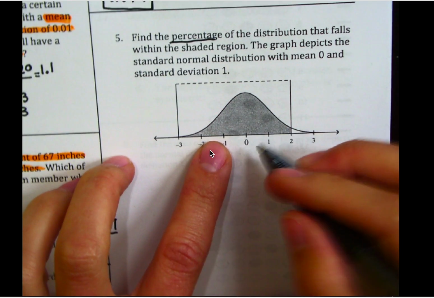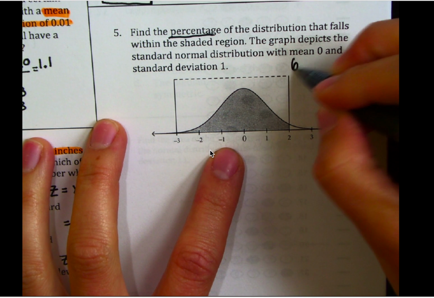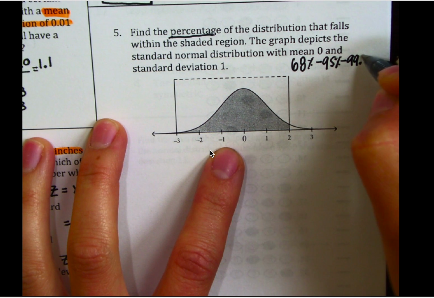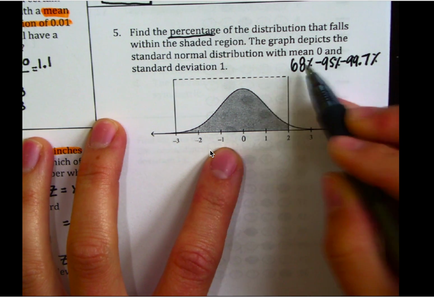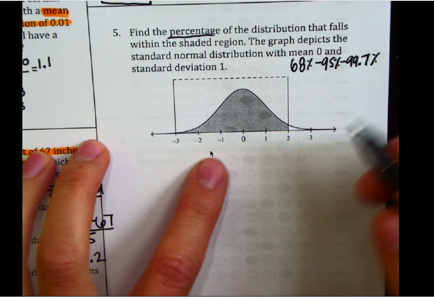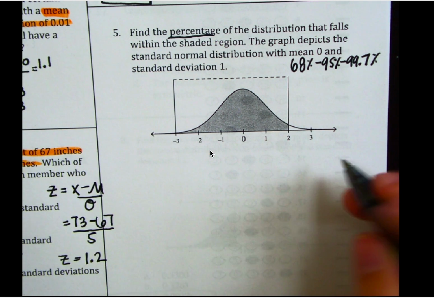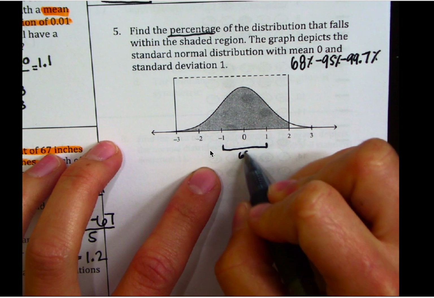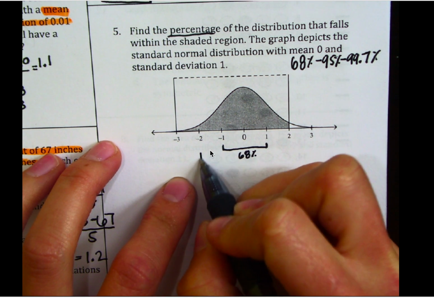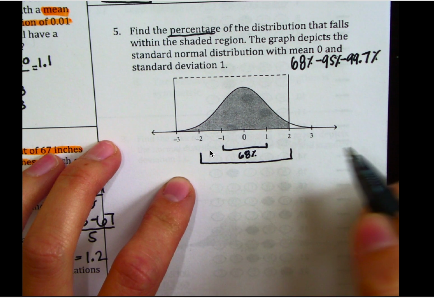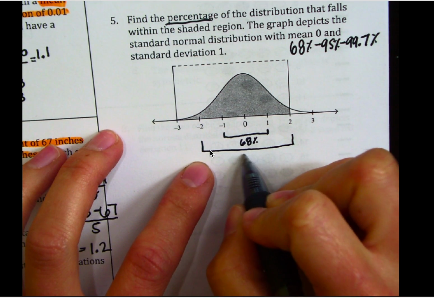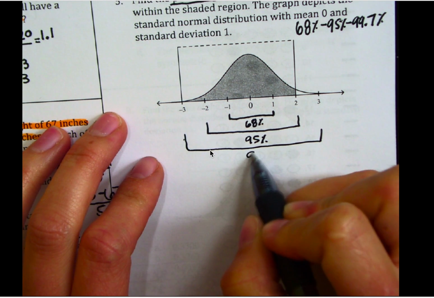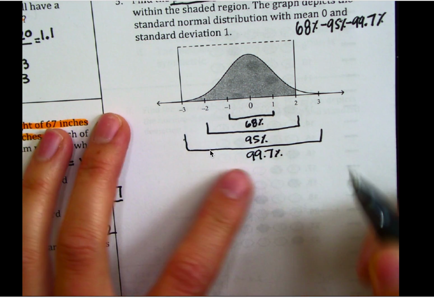So this time, we are going to be using our 68, 95, 99.7% empirical rules. So I'm going to remind you guys of those rules. We know that when you're within 1 standard deviation above and below, it accounts for 68% of the data. If you are within 2 standard deviations from the mean, it accounts for 95% of the data, and within 3 standard deviations, it accounts for 99.7%.